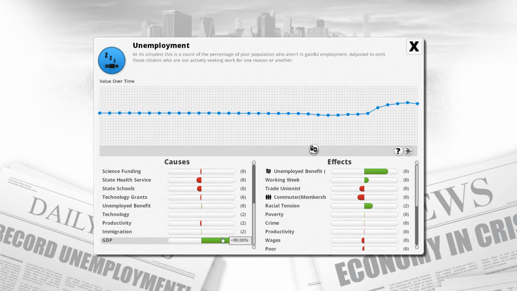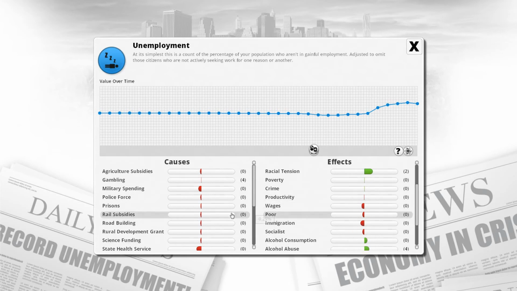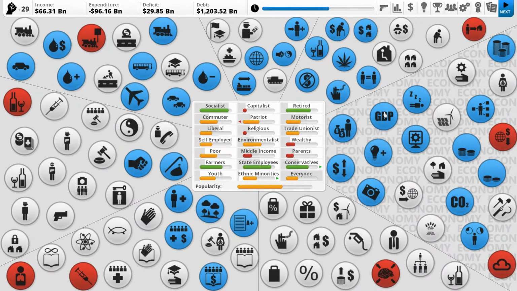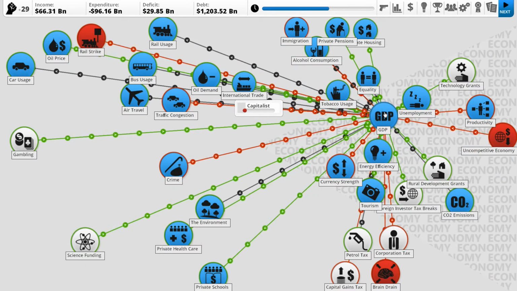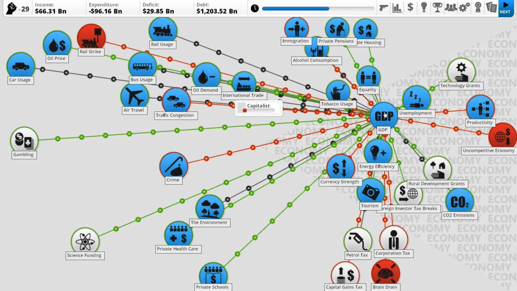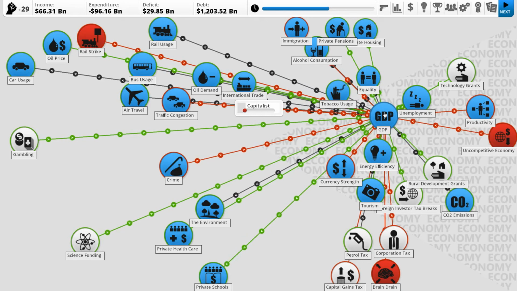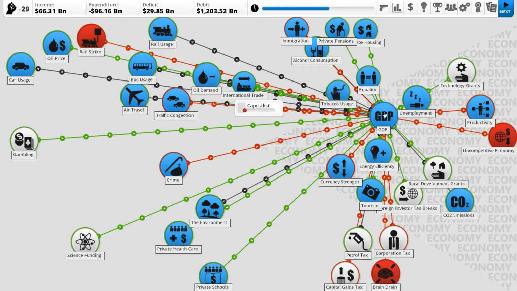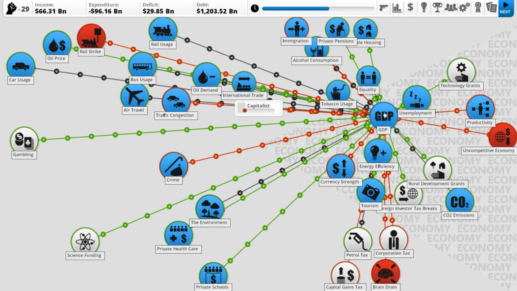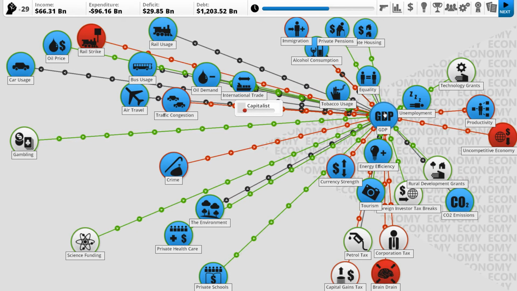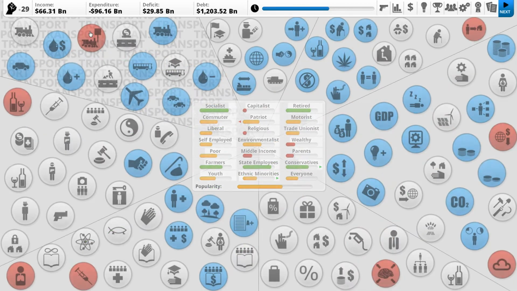Oh, the GDP is what is increasing unemployment. Let's take a look at the GDP. Science funding increases it. Petrol tax keeps it the same. Lots of stuff is decreasing it. Things like traffic congestion. The rail strike is decreasing it.